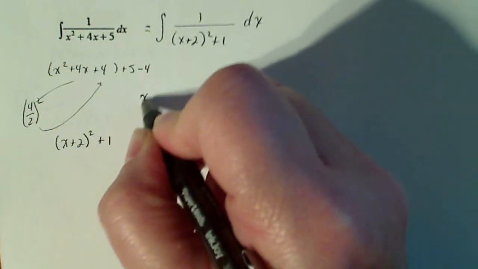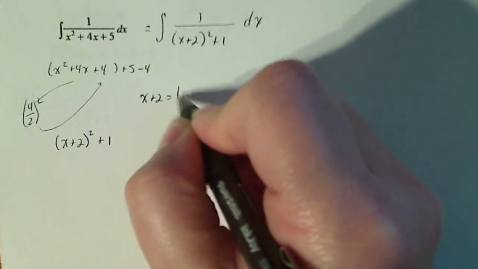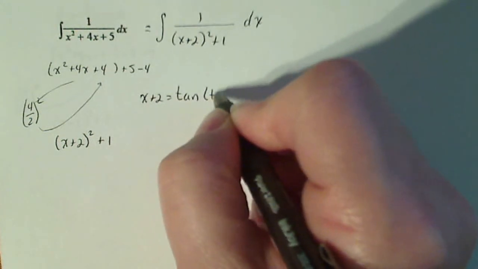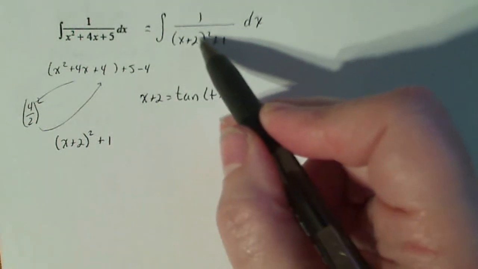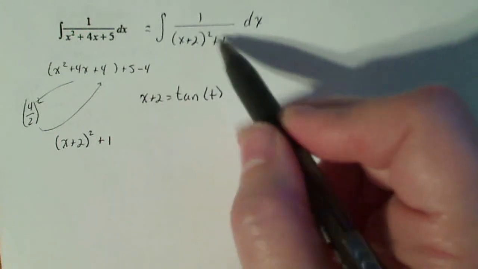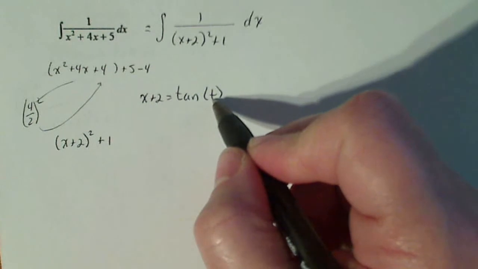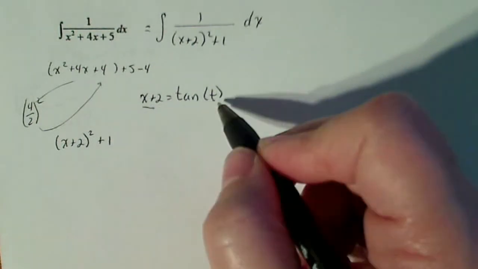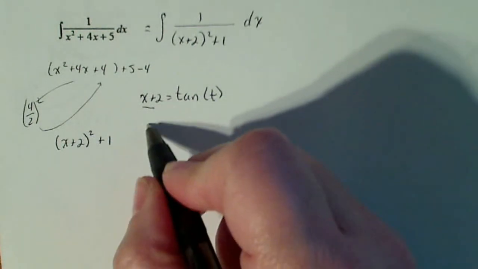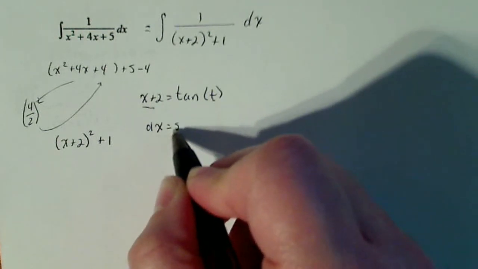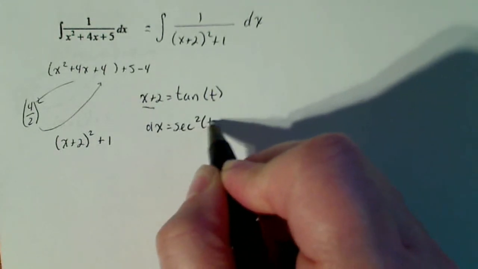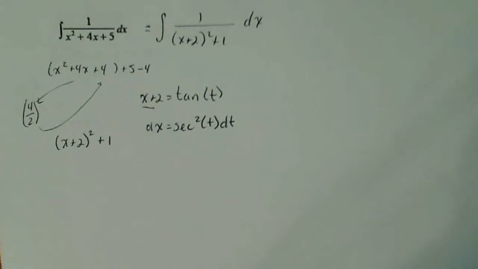But I'm going to let x plus 2 be tangent t, because I want this whole thing to be tangent t. I want tangent squared plus 1, not tangent plus 2 quantity squared plus 1. So I let that whole interior thing be the tangent. Taking the derivative of both sides, I get dx equals secant squared t dt.